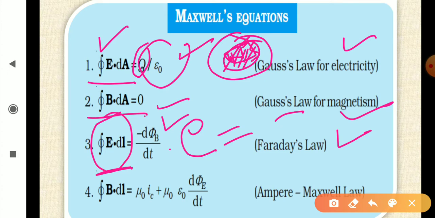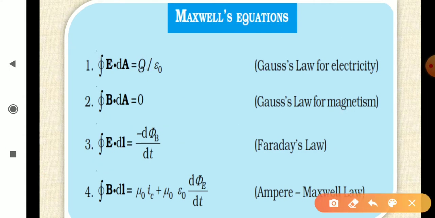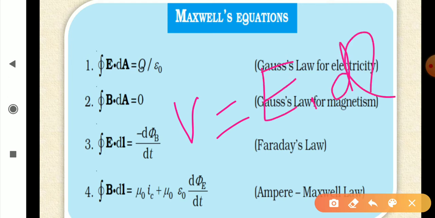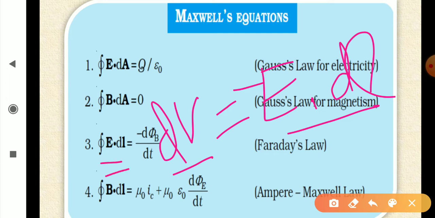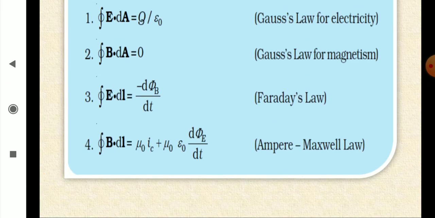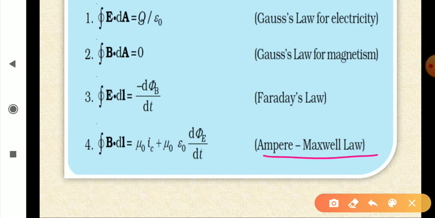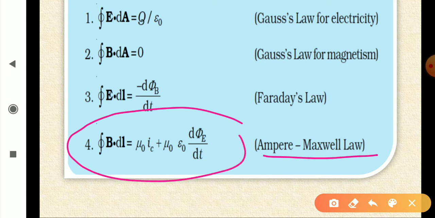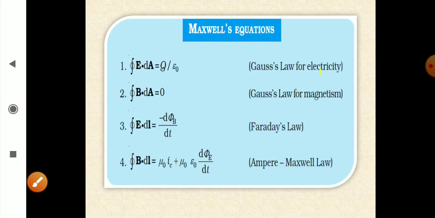EMF is voltage or potential difference, and this is given by E. You know the relation that dV is equal to minus E dot dl, and the same relation we are getting here, right? And Ampere-Maxwell's law is this one I have just discussed. So these four are known as Maxwell's equations.